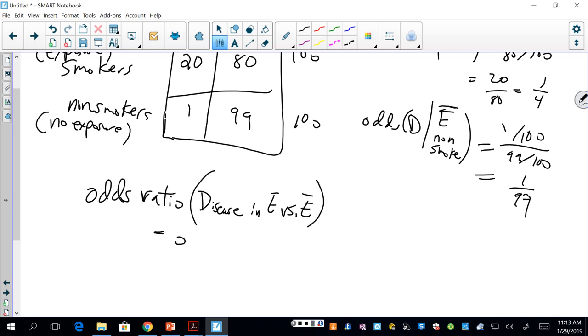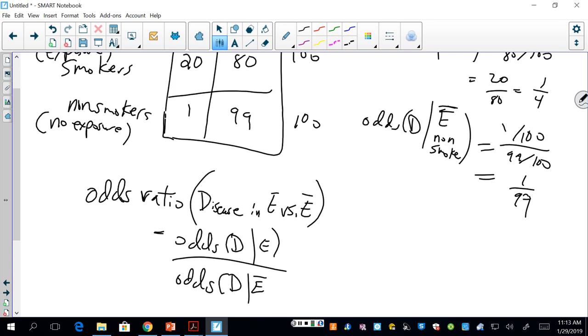So it's going to be the odds of disease among those who are exposed divided by the odds of disease among those that are not exposed. So the ratio of these odds provides kind of a relative size of the probabilities under these two scenarios.